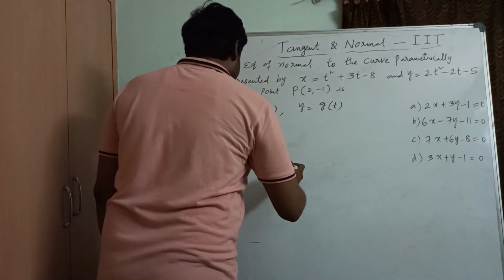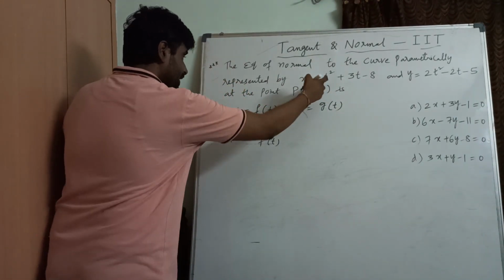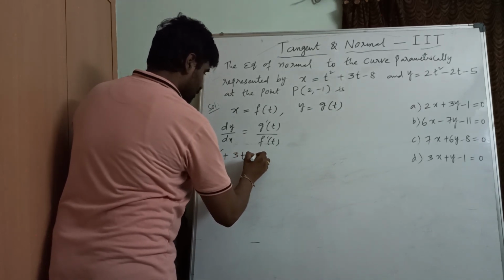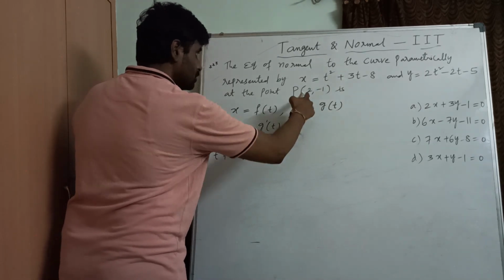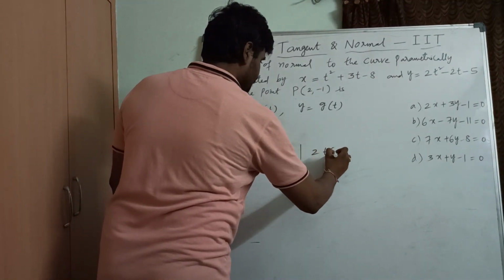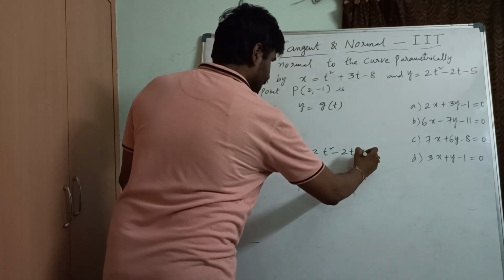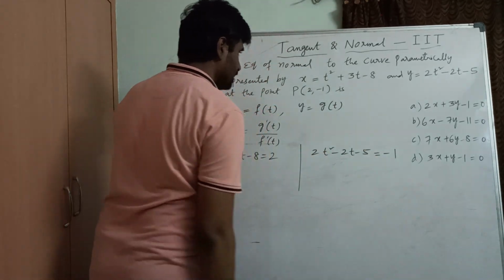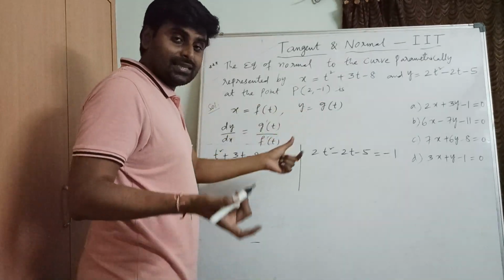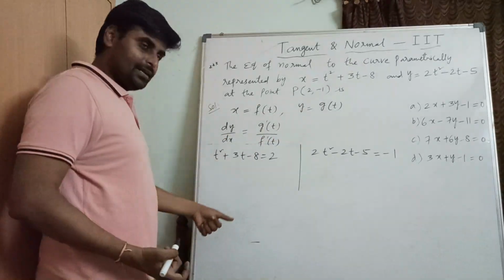Now see here. The x coordinate t square plus 3t minus 8 equals the first coordinate, 2. Similarly, 2t square minus 2t minus 5 equals minus 1. First coordinate equals first coordinate, second coordinate equals second coordinate, because that is the point itself, right? Let us solve this.